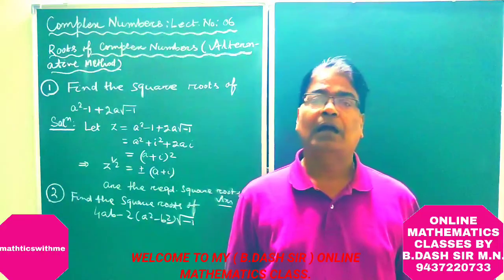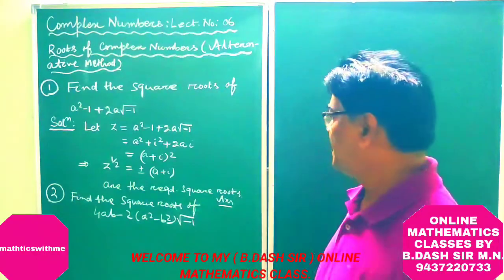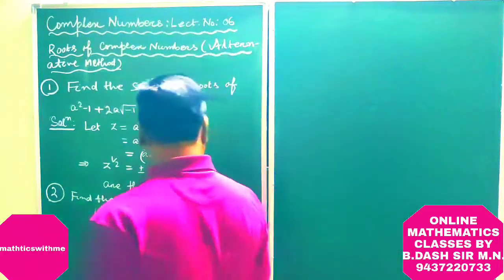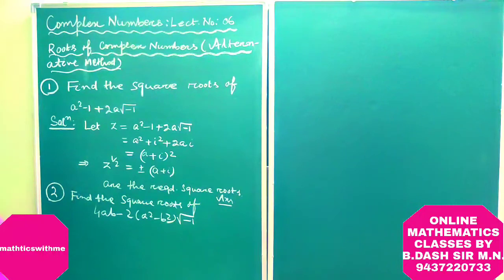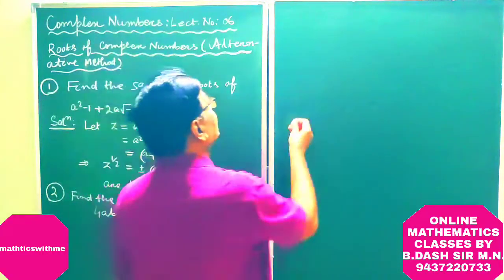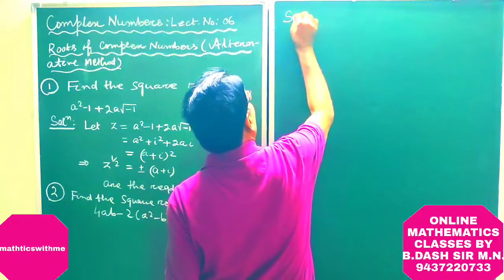Our next question is: find the square roots of 4ab − 2(a² − b²)√−1. Now the solution.